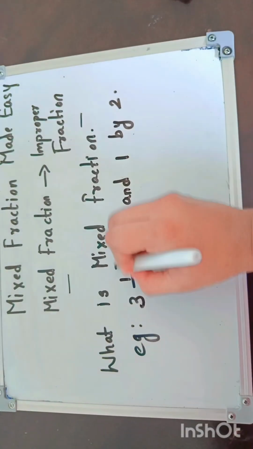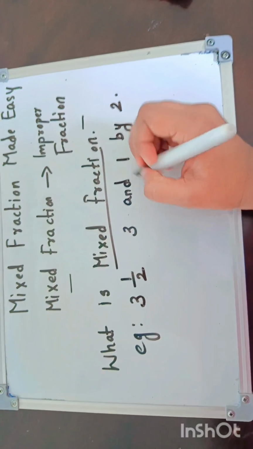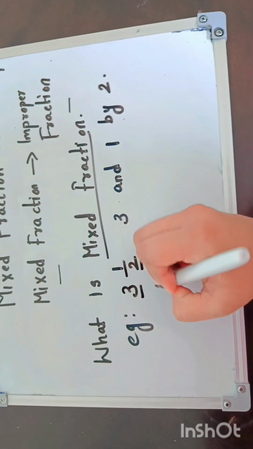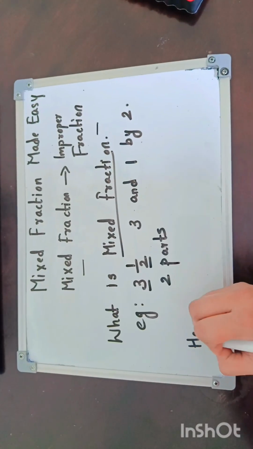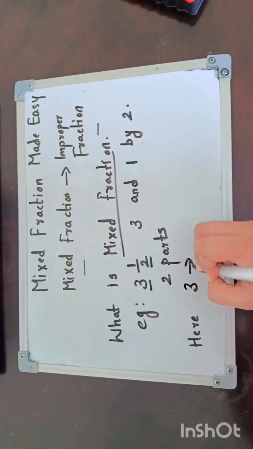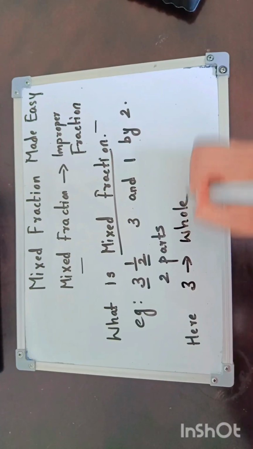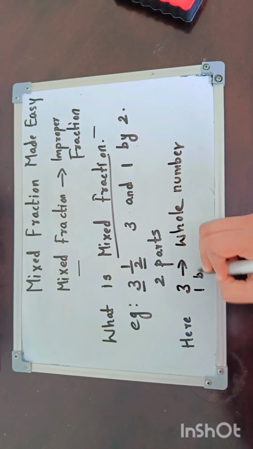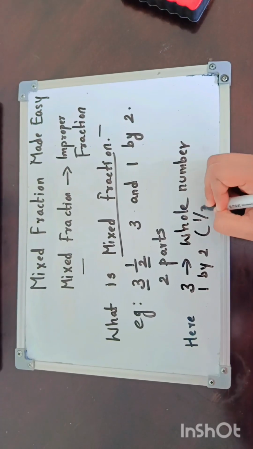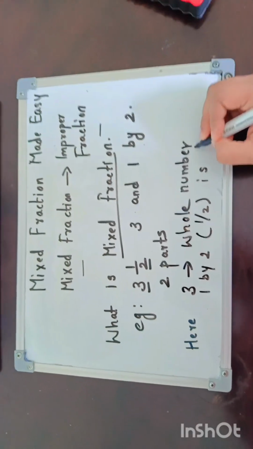This is how a mixed fraction looks, and this is how we read it. It is called a mixed fraction because it has two parts. 3 is the whole number, and 1 by 2 is the fraction part. So basically, a mixed fraction means whole number plus fraction.